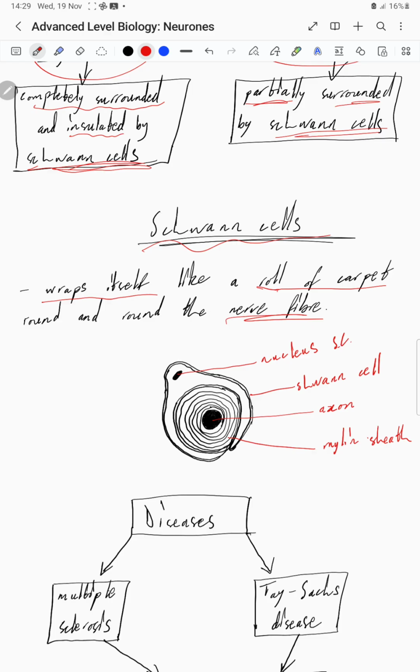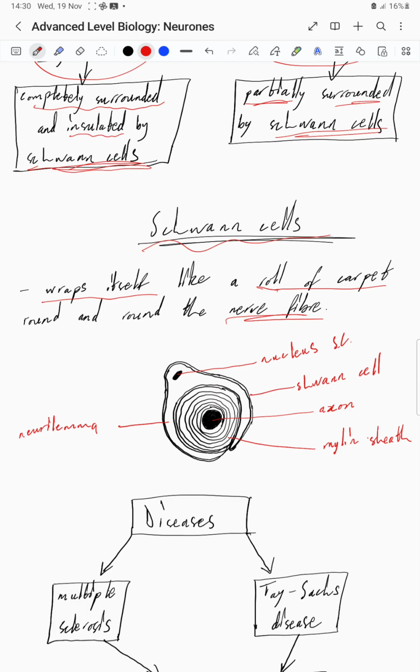We also have the cytoplasm inside, which is given a special name called neurilemma. So this is our Schwann cell.